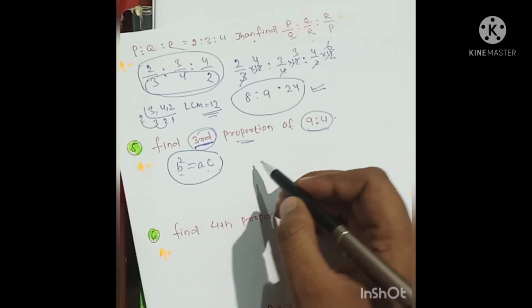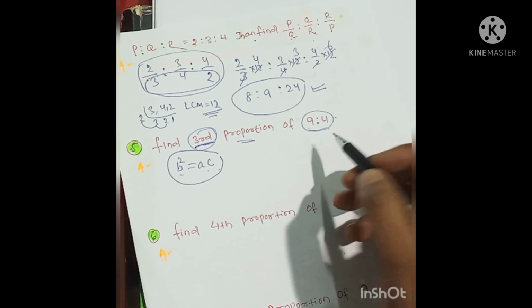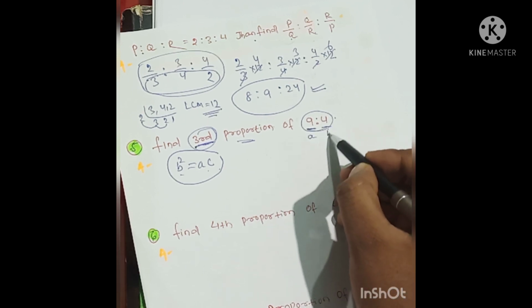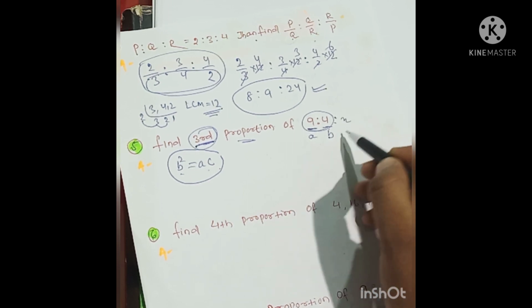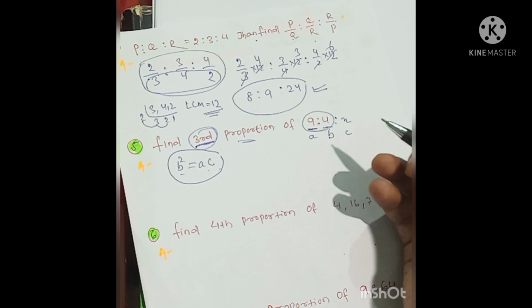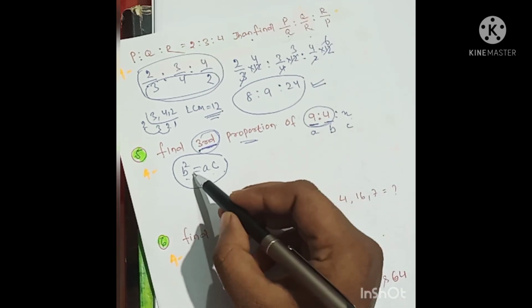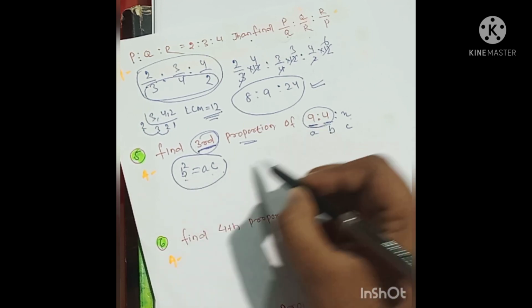So now here you can work out who is b, who is a and who is c. Here you can take a equal to 9, b equal to 4, and who is c? Put x equal to c, because c is not given, so you take the unknown as x. Now you can easily put in the values. b square equal to 4 square.